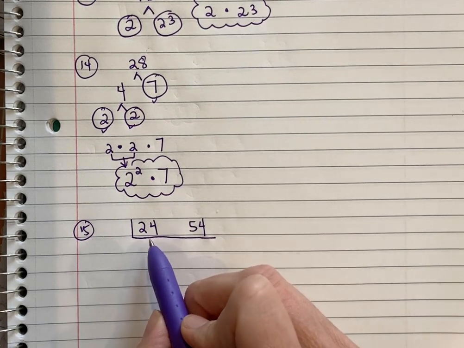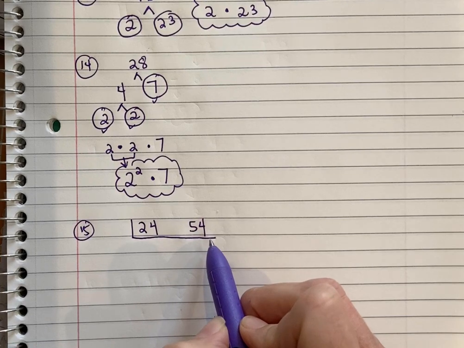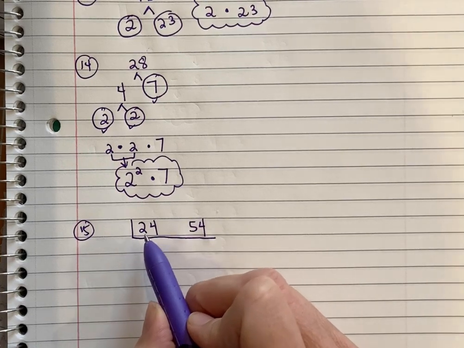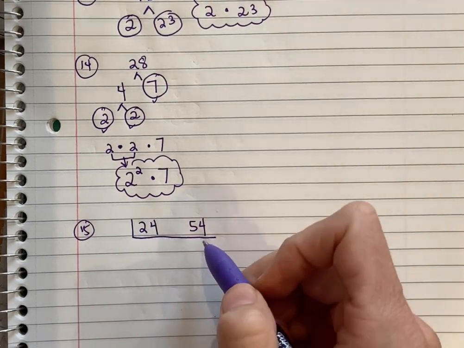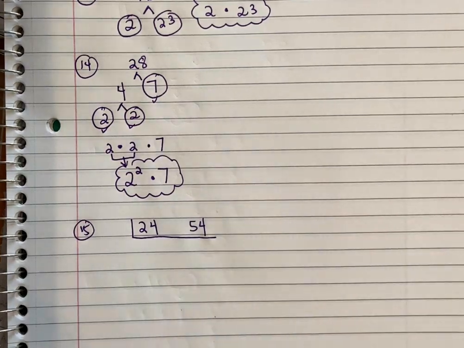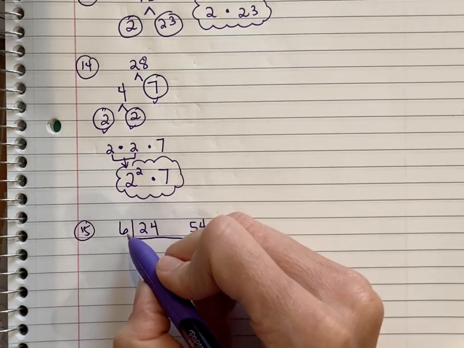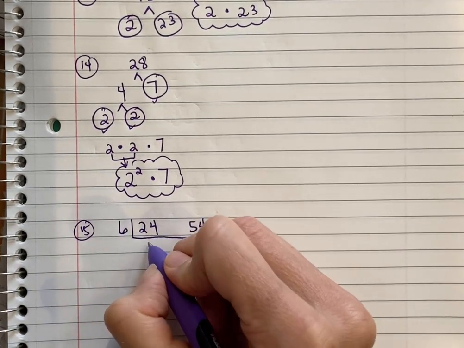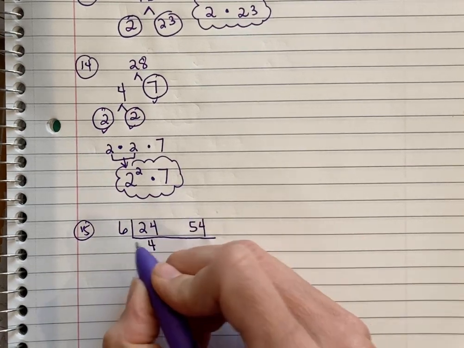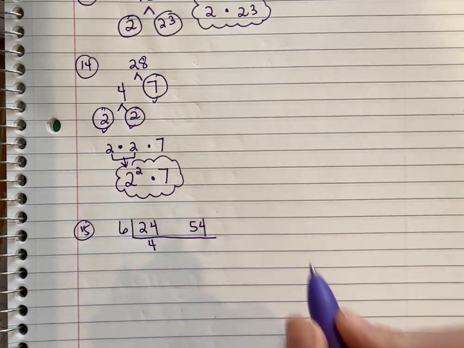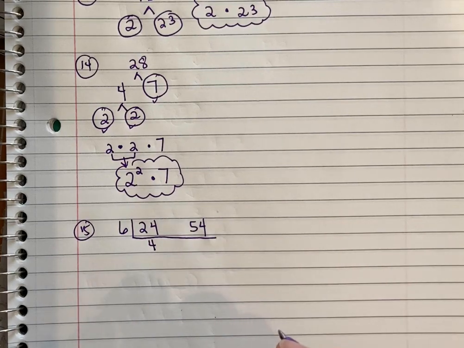So you can choose 2 goes into these. You can choose 3 goes into both of these. You can even choose 6 right away if you see it. 6 to me is really popping out. So I'm going to say 6 goes into 24 4 times. 6 goes into 54 9 times.